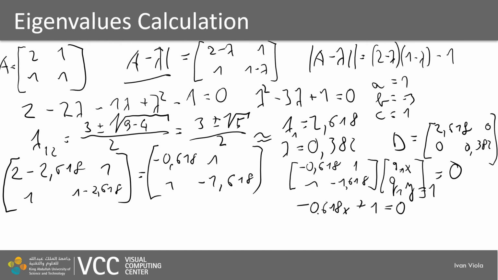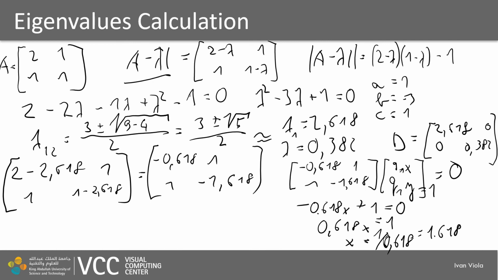So 0.618 x is equal to 1, and x is equal to 1 divided by 0.618. And this is approximately equal to 1.618.